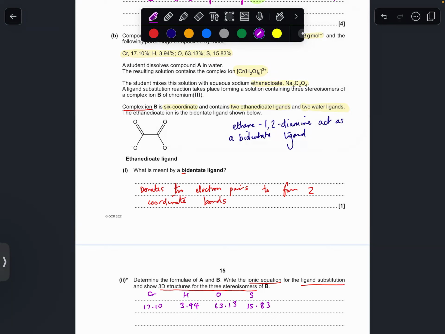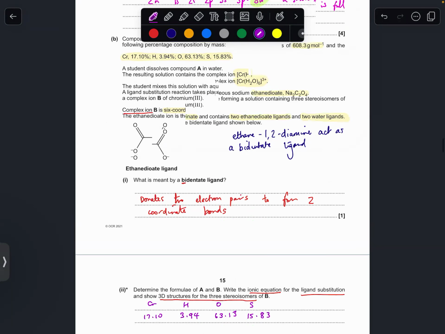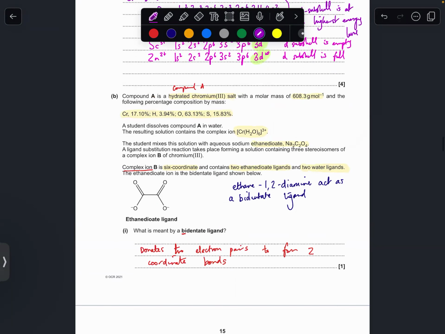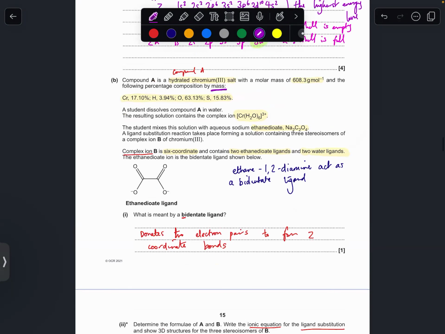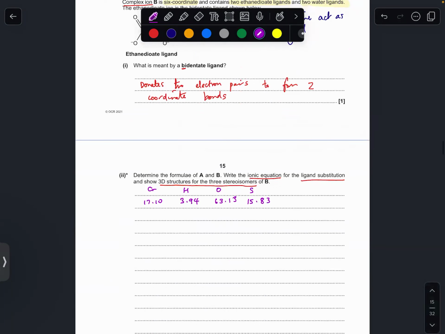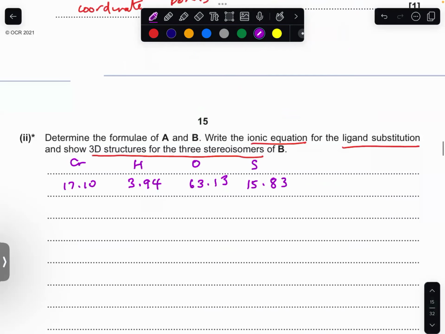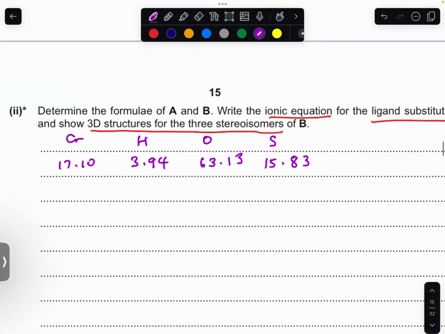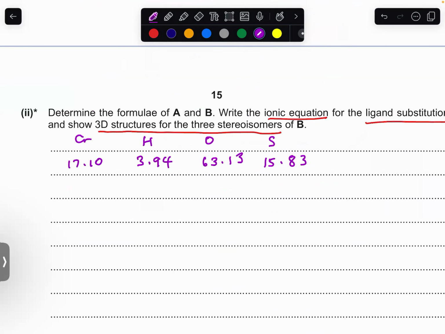These are percentages by mass. Because these are percentages by mass, we can divide them by their relative atomic mass to determine the molar ratio.